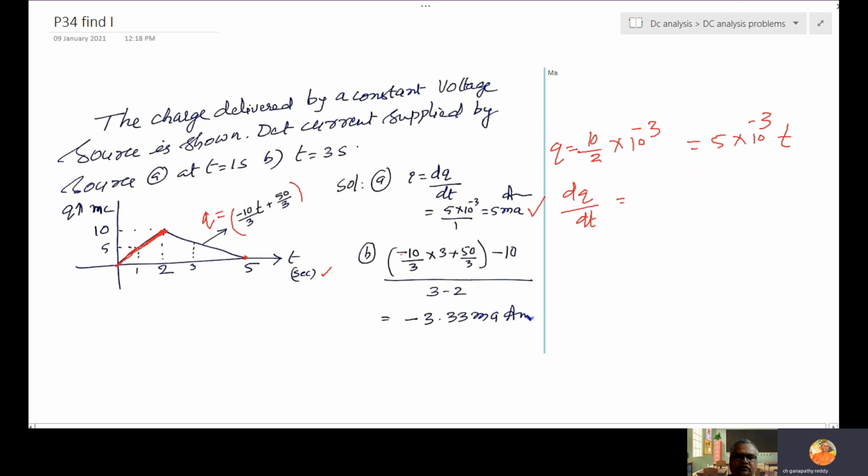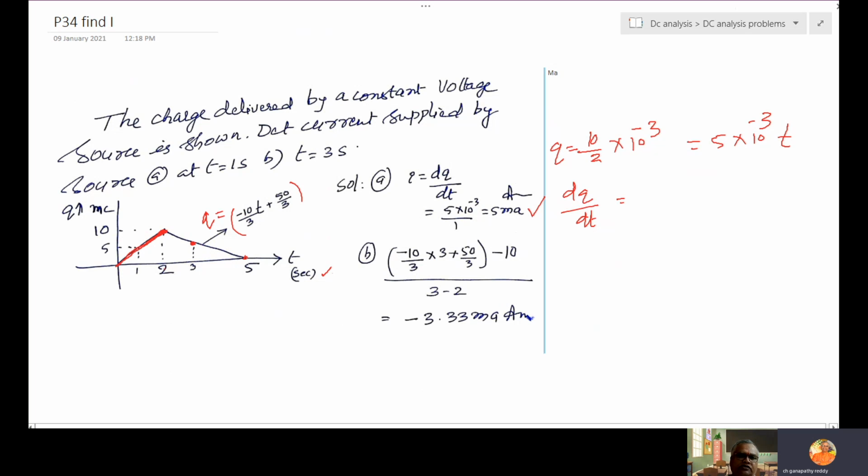So when I differentiate, minus 10 by 3, and we want at t equal to 3. So minus 10 by 3 into 3. What is the value here? In this Q, t is replaced with 3: minus 10 by 3 into 3 plus 50 by 3. This will give the charge at t equal to 3.